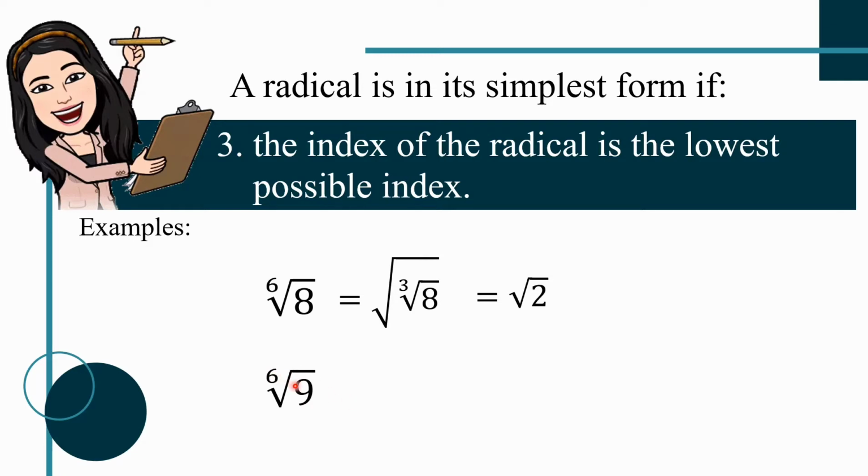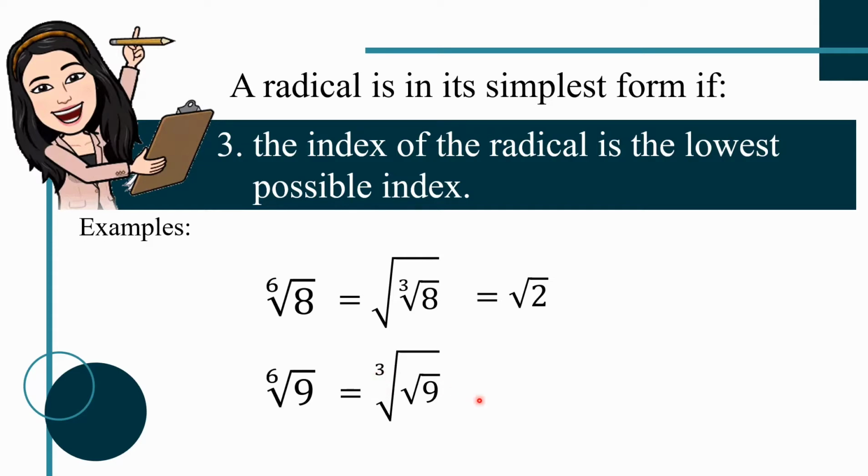Tama? So, this time, since ang ating radicand is 9, we all know that 9 is a perfect square. So, therefore, ang square yung nasa loob ng ating radical. So, here, nasa loob yung 2 dahil ang target natin is to simplify square root of 9. So, nasa labas ngayon yung ating factor na 3.